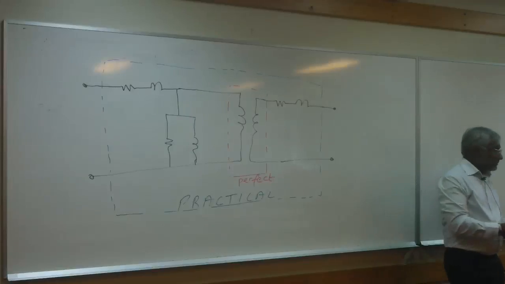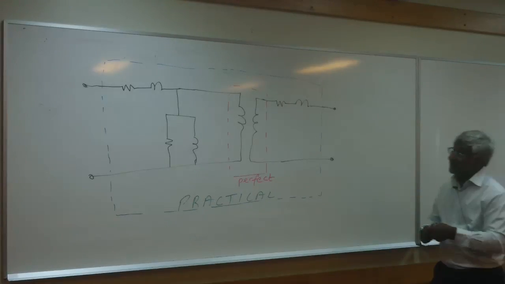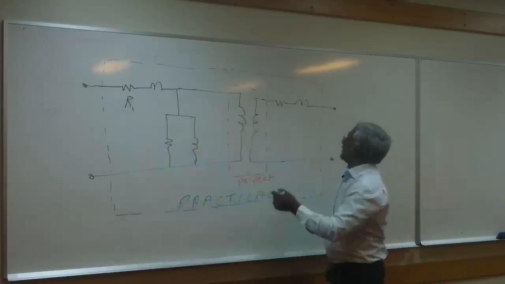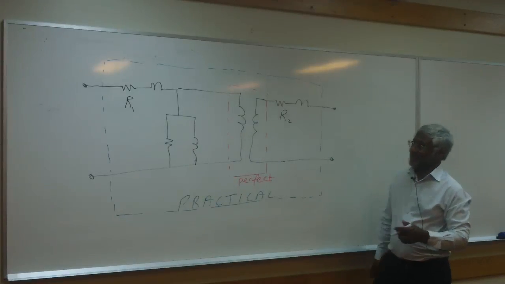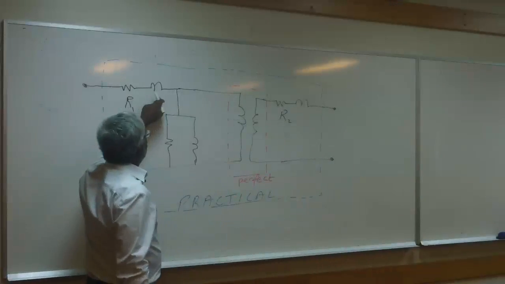We did give names to those things, and we would now put the names on. So this was R1, primary side winding resistance, R2, secondary side winding resistance. Here we can put L1 or X1.